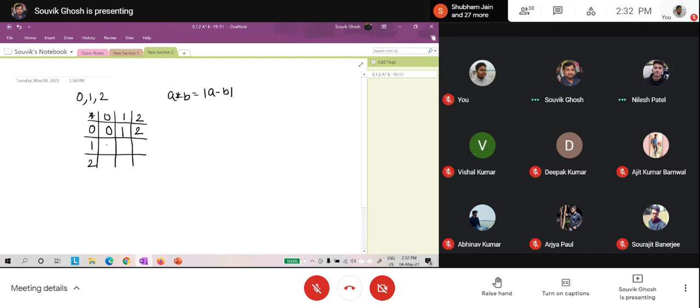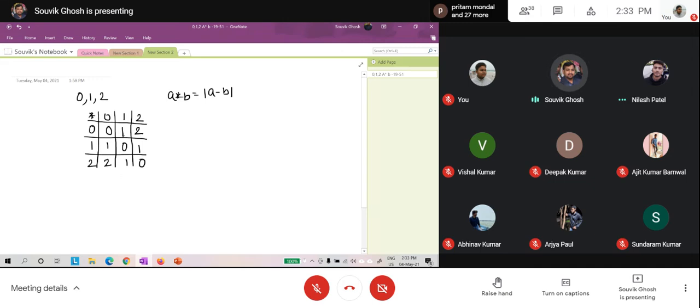Then 1 star 0, 1 star 1, 1 star 2, then 2 star 0, 2 star 1, 2 star 2. So if we choose any two elements and operate star on them, what do we get?